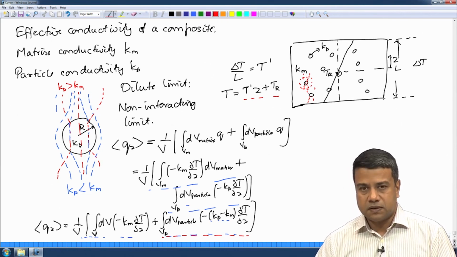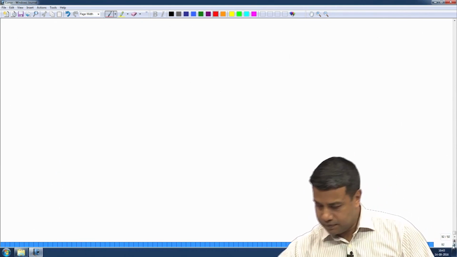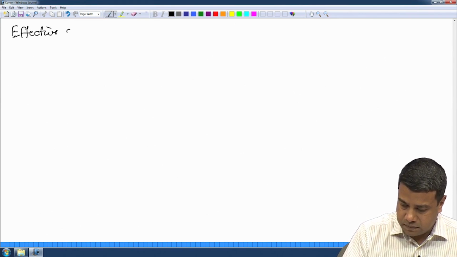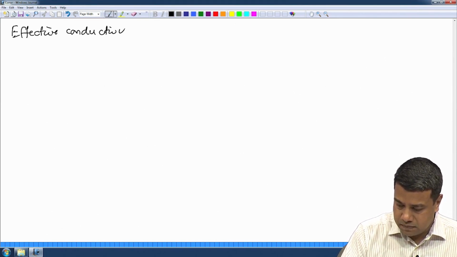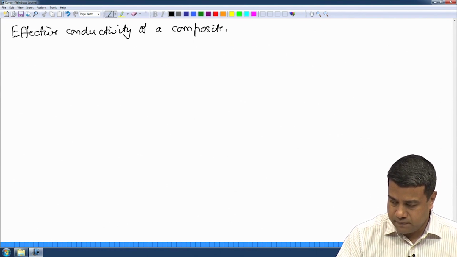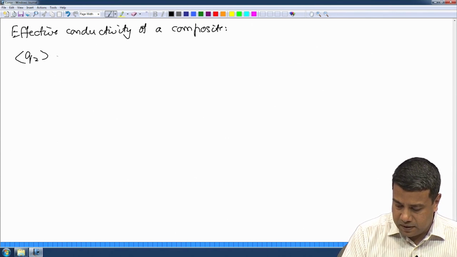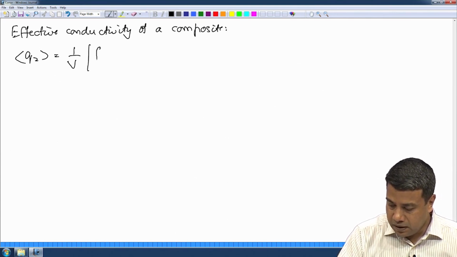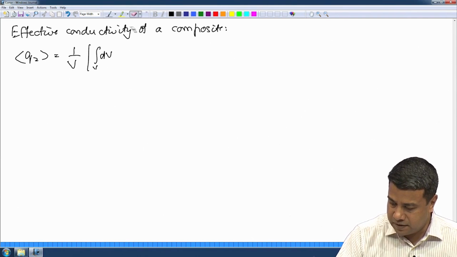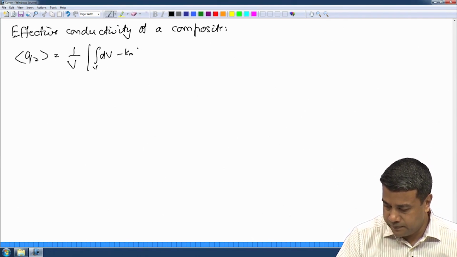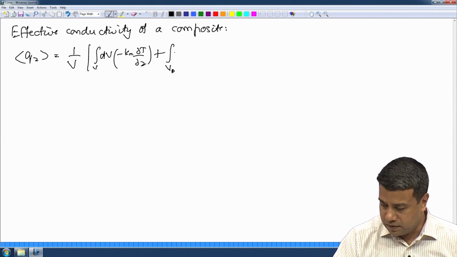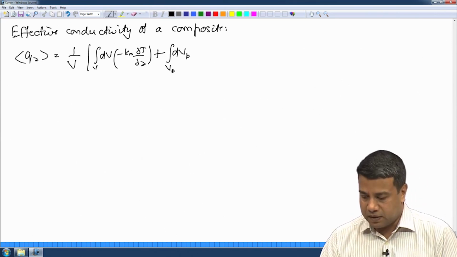So, now the effective conductivity was equal to 1 over the total volume, integral now over the total volume of Km times, I should have a negative sign there because the heat flux has a negative sign, plus the integral over the particle volume alone.